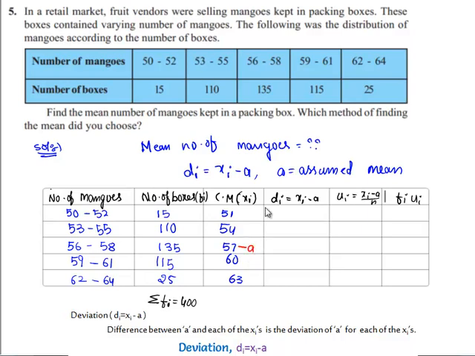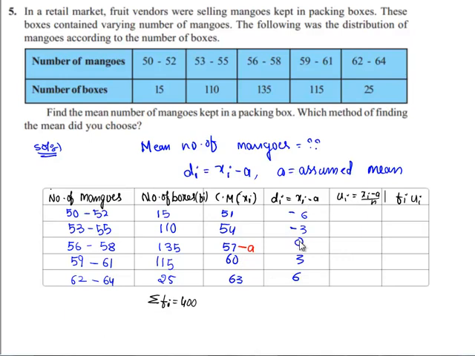Hence, the deviations are: 51 minus 57 is minus 6, 54 minus 57 is minus 3, 0, 60 minus 57 is 3, and 63 minus 57 is 6.